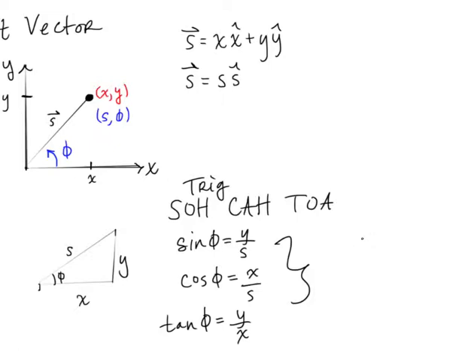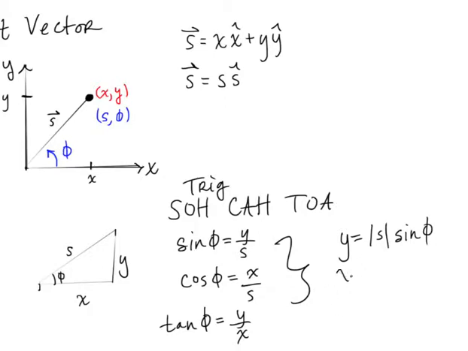We can solve for y, and y becomes the magnitude of s times sine phi. Some people say phi, some people say phi, so I might use that interchangeably.